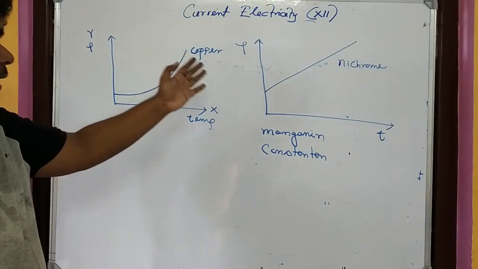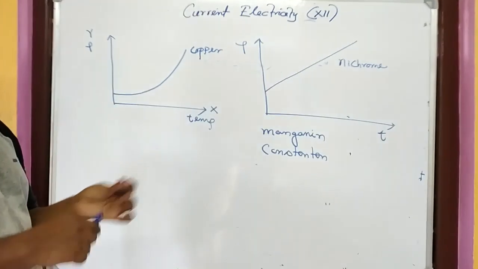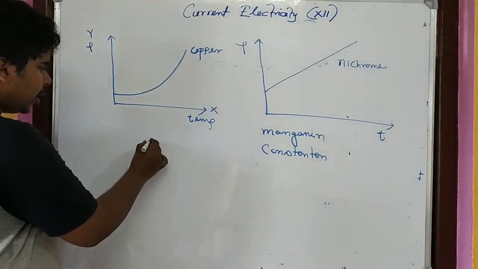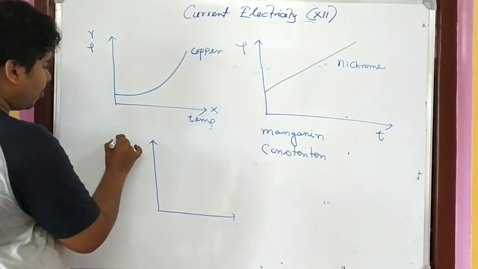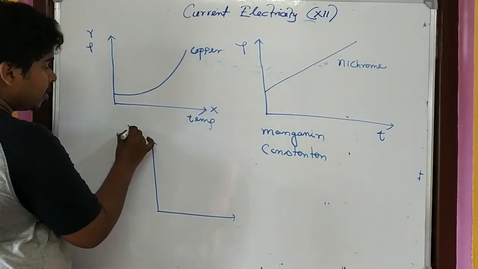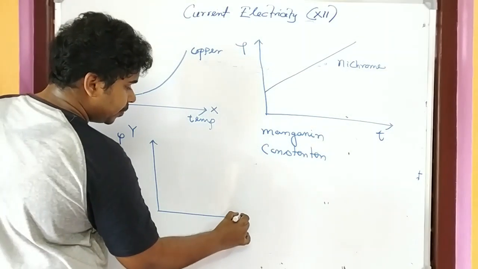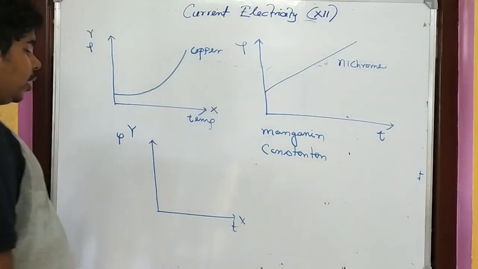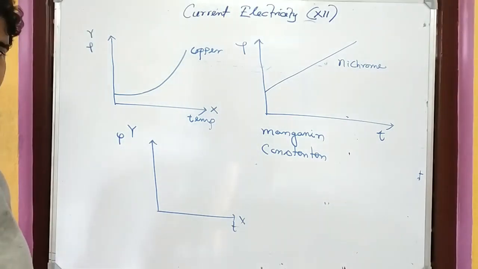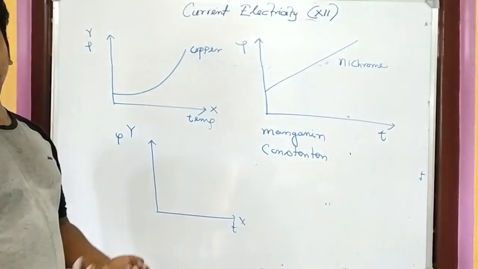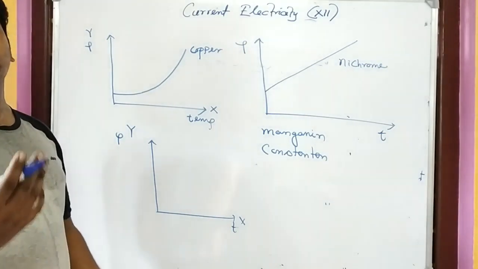And instead of taking conductors, if I am taking a semiconductor, though you will learn about semiconductors a little later, what will happen to the resistivity of a semiconductor? You see, if you increase temperature for a semiconductor, surprisingly the resistance will decrease instead of increase.